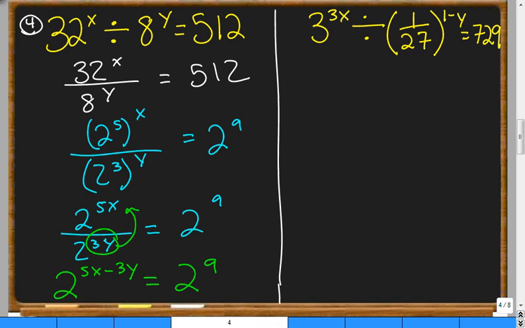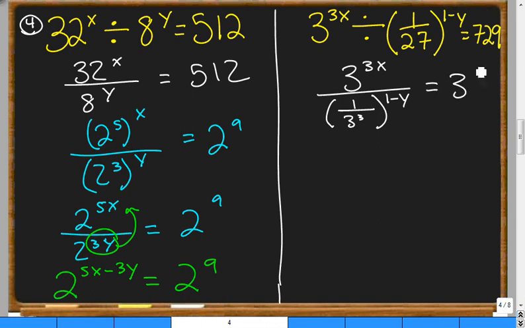So 3 to the 3x is normal, and we're going to divide, so I'm going to do this step together. 3 to the 3x we've got in a form that we want. We're dividing that by 1 over 27, which is the same thing as 1 over 3 cubed to the 1 minus y, and that equals 3 to the 6th.